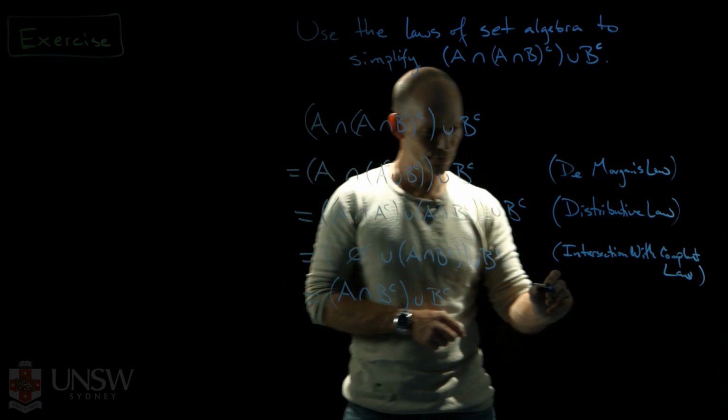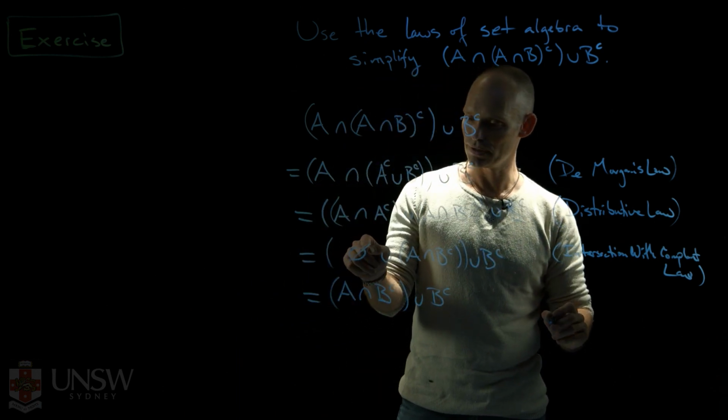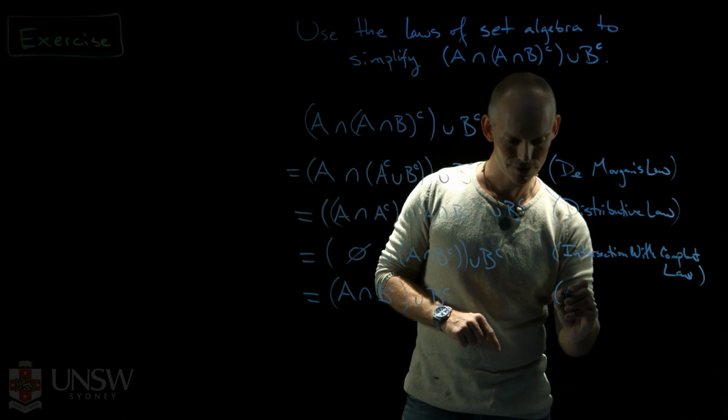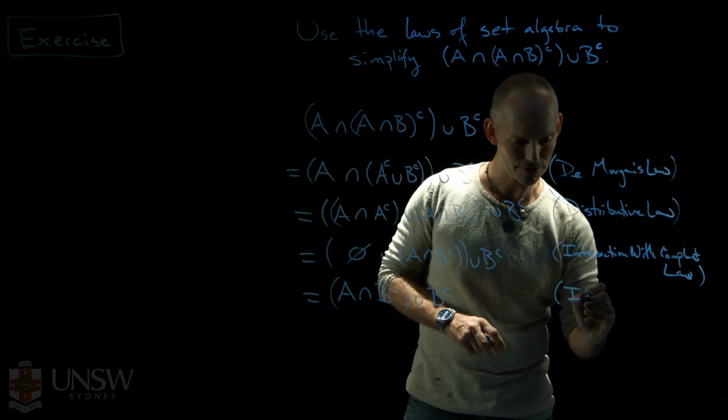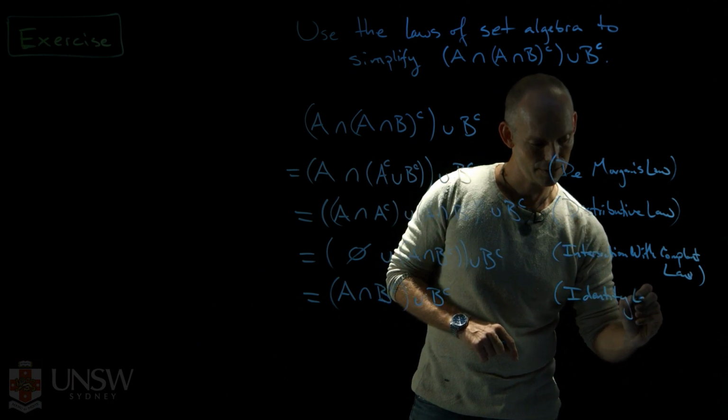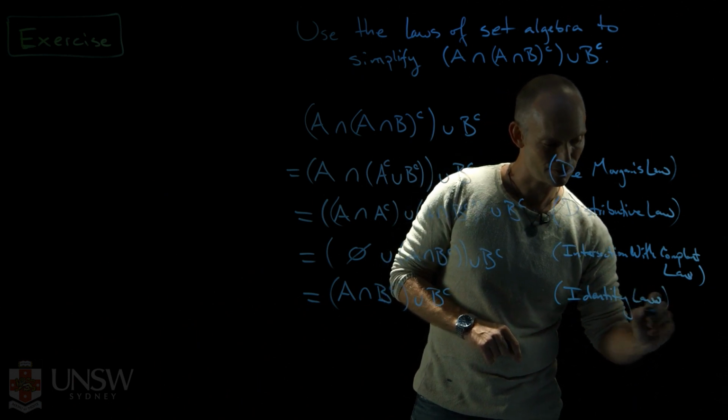So here we've got that expression, and that was by saying the union of the empty set and some set, which is addressed by the identity law. That's sort of the opposite of the domination law.